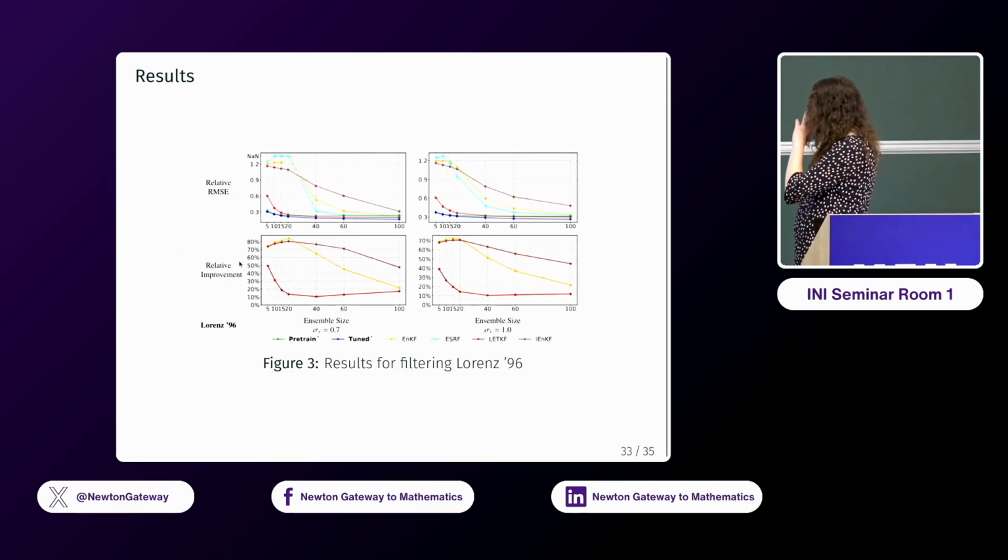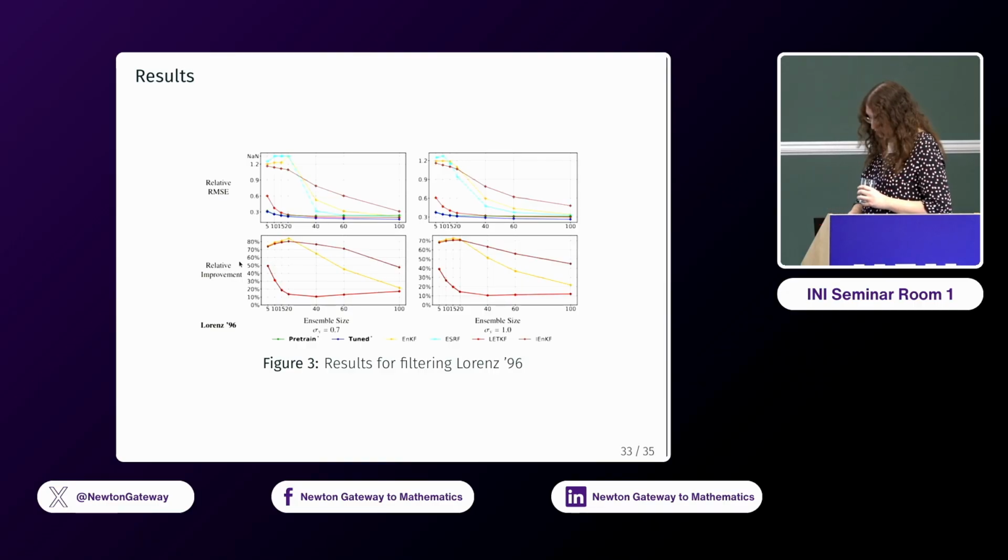Okay, so here are the results. So I'm showing here root mean squared error for different filtering methods. This is again for the Lorenz 96 system, and this is ensemble size. And the important thing to note, so blue is our method here, and the best competitor is the LETKF, a leading data assimilation method called the local ensemble transform Kalman filter.